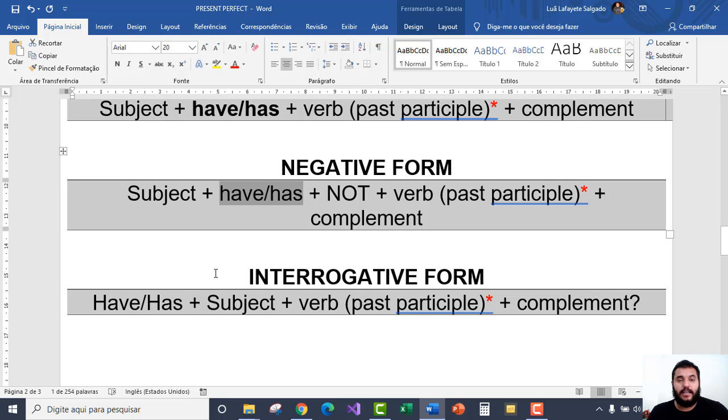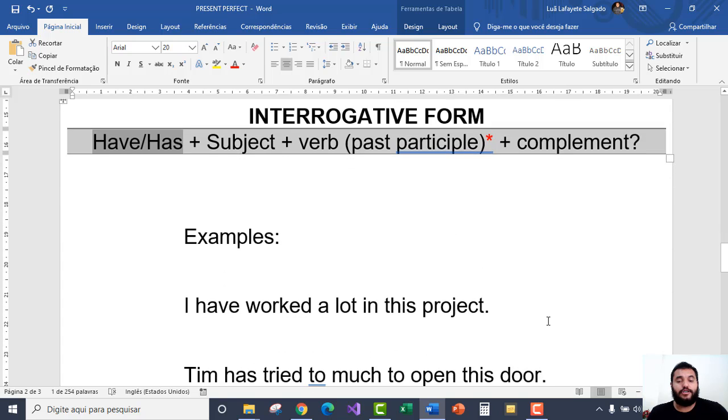To make questions in interrogative form, we start our sentences with have or has, and the relation with the subject continues. You carry on with have or has, depending on the subject, and then put a verb in past participle and the complement.